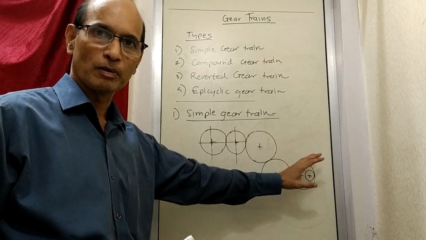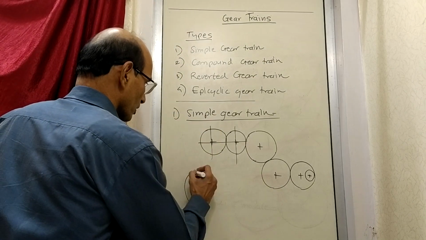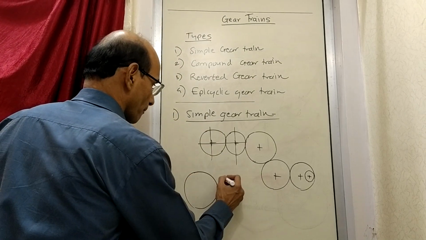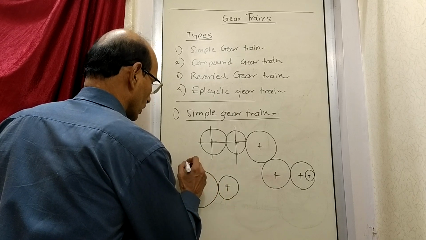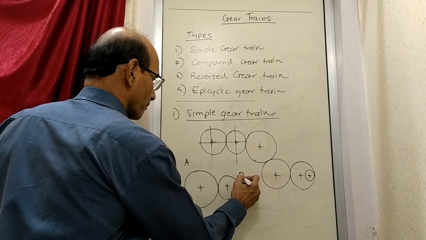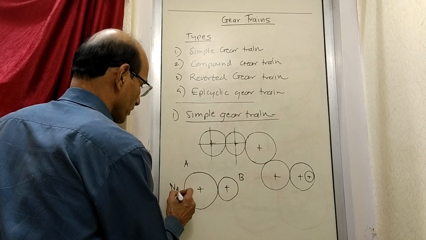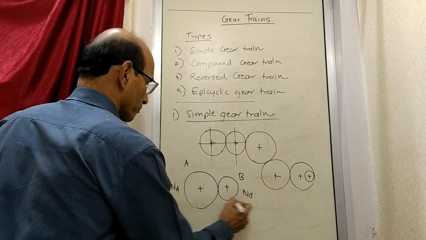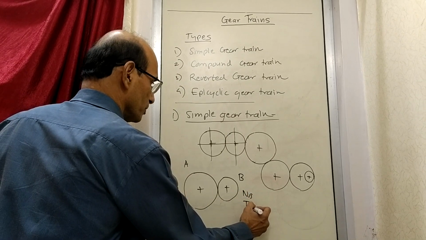Now when the power transmits from one place to another, what happens? Let us take a simple example. Suppose this gear, I'll call this as gear A, this gear B. Now this gear A has got speed NA. This has got speed NB. This has got teeth TA, this has got teeth TB.